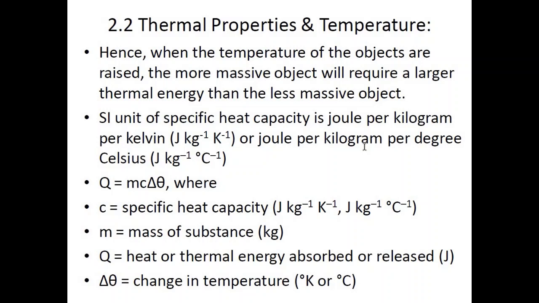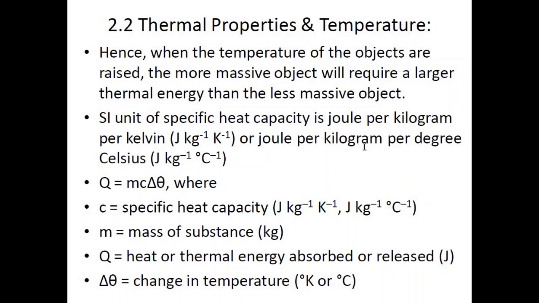Not greater specific heat capacity, it would just require more energy. The Q would be greater for an object of greater mass, so Q and mass are directly proportional. Specific heat capacity for a material is usually constant. Like for iron it would be constant, just like density is constant for different materials.